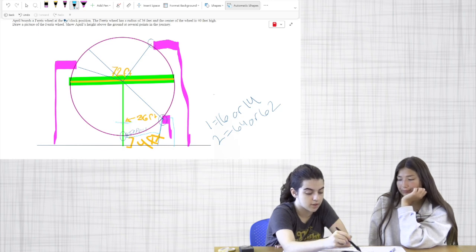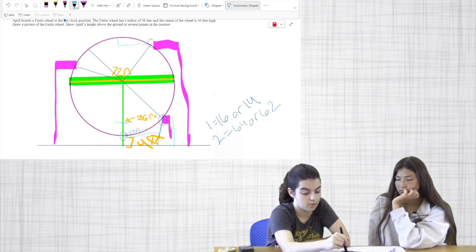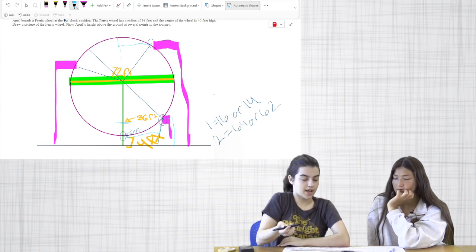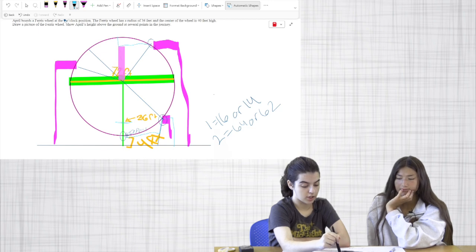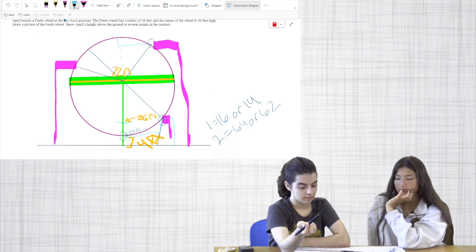If we're measuring instead here, the minimum portion would be from here to here, but that's not what we need. We need this. So I'm doing 36 minus the 12 or 10. And then finding this portion and adding it to 40, because 36 plus 4 is 40. Does that make sense?